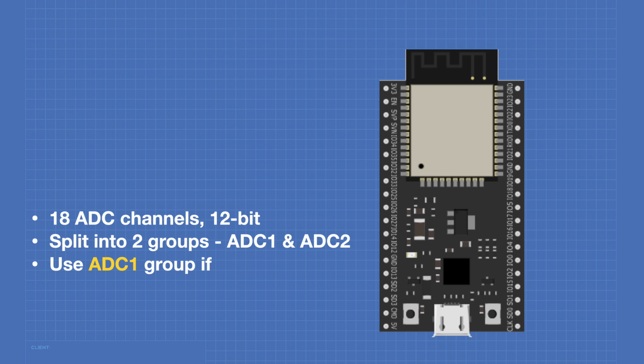If your project is going to be using the Wi-Fi or Bluetooth capabilities of the ESP32, you'll want to restrict yourself to just using the ADC1 group, as you can't use ADC2 along with Wi-Fi and Bluetooth, as they use the same resources.